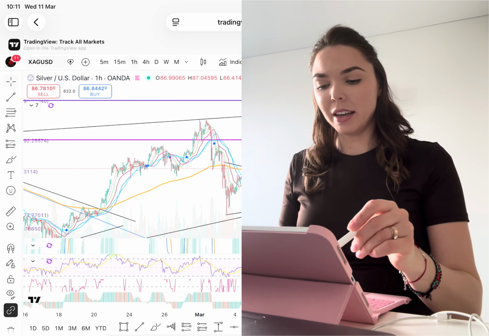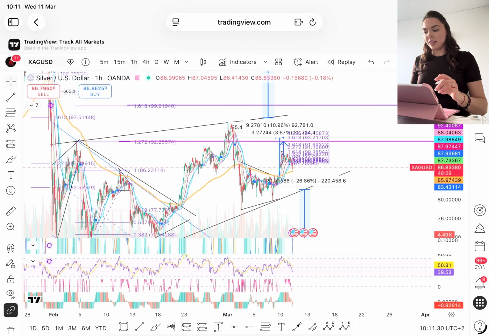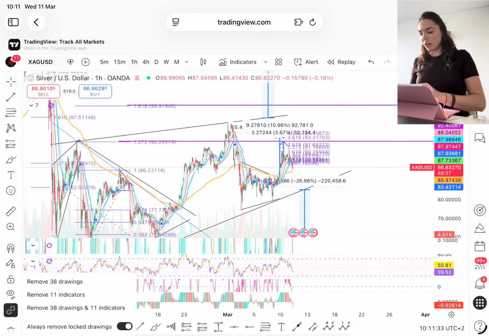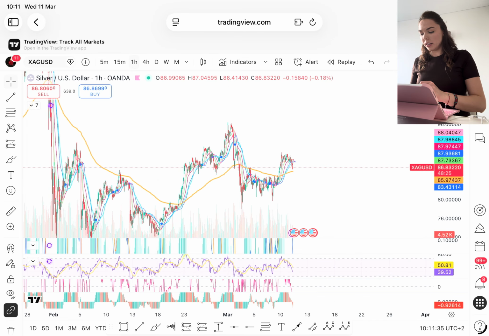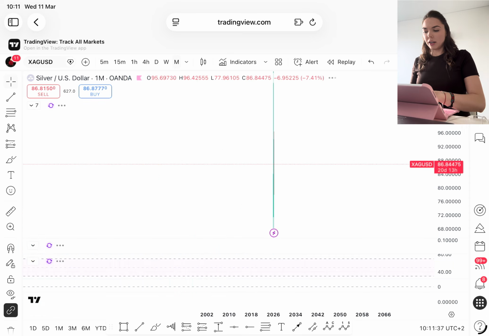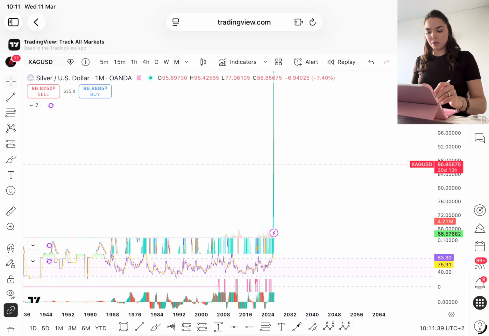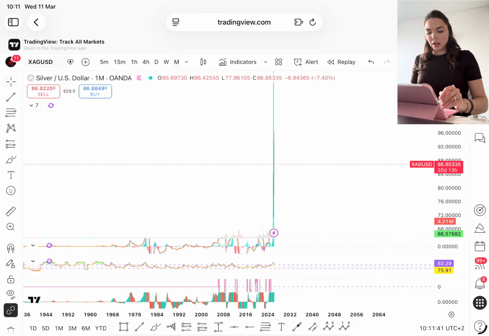And by the way, you already see my chart. This is the silver commodity, but I want to clean everything up, because I think it would be great to rewatch the analysis that I did.